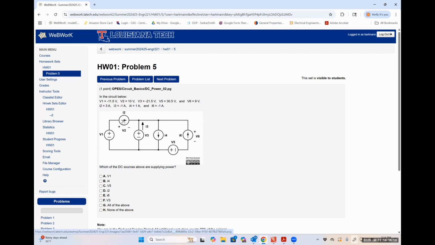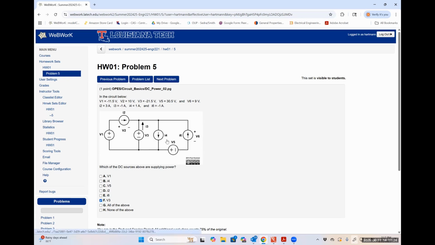So we wouldn't check the box for I2 either. Moving along to voltage source V3, we have the current I3 flowing into the negative polarity terminal. So we want I3 times V3 to be positive. Well, V3 is negative and I3 is negative. So when we multiply those two together, it's going to be positive. So we would check the box for V3.